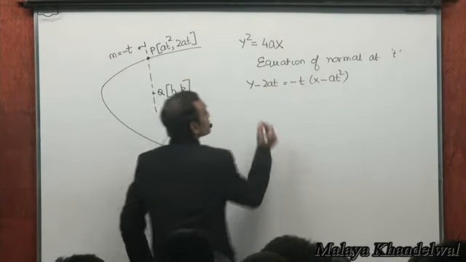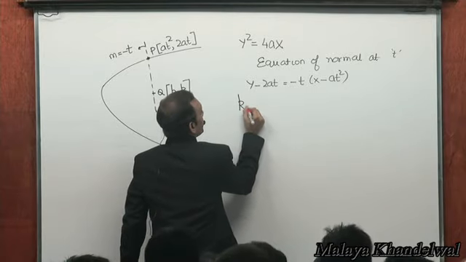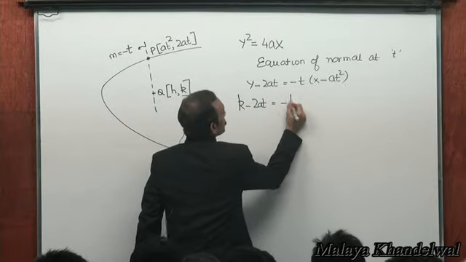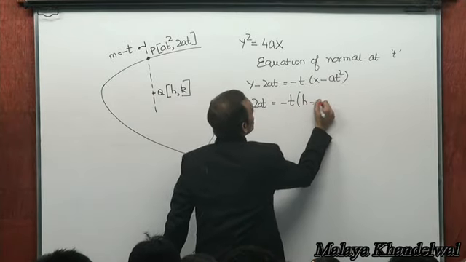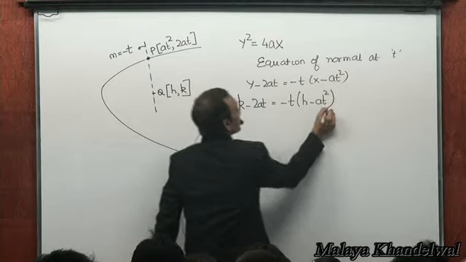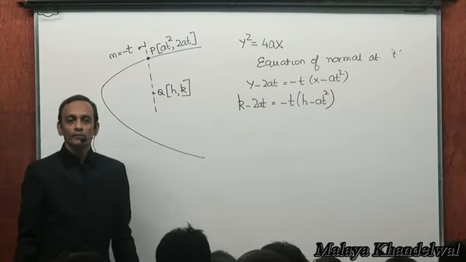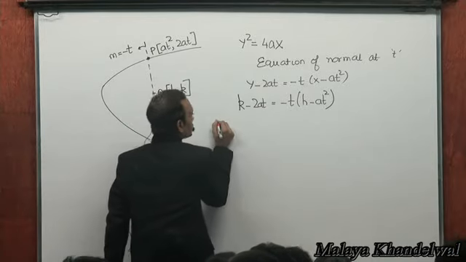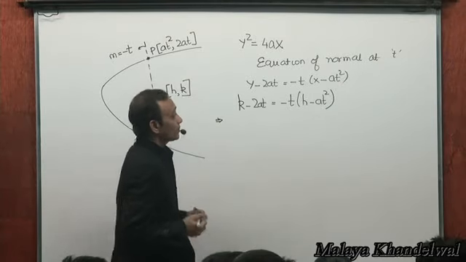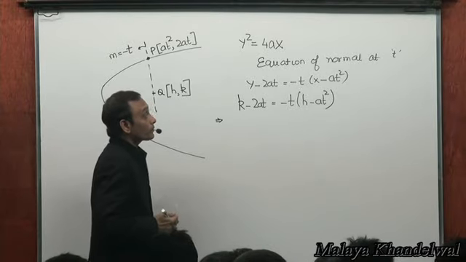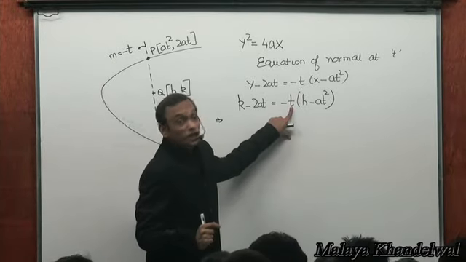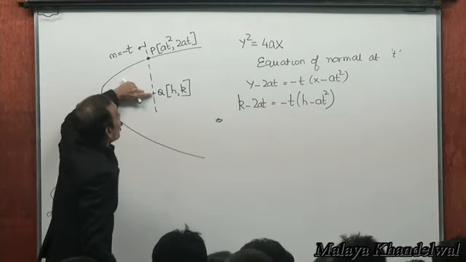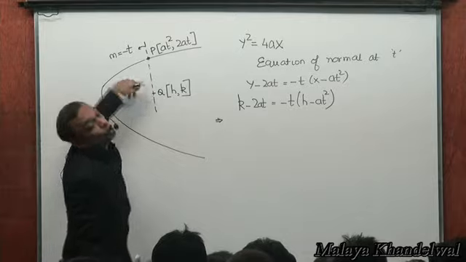Which means k minus 2at is minus t into h minus at squared. Yes or no? Right? Which means, what is t? t therefore should be looked upon as the foot of the normal drawn from a certain point Q to the parabola.